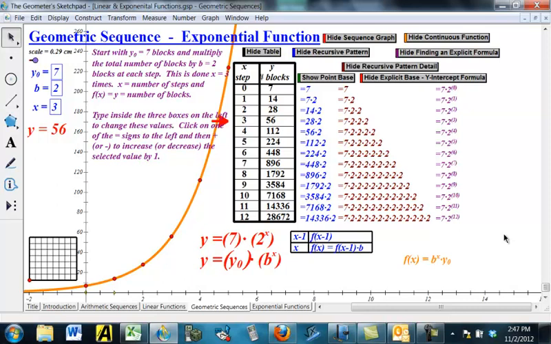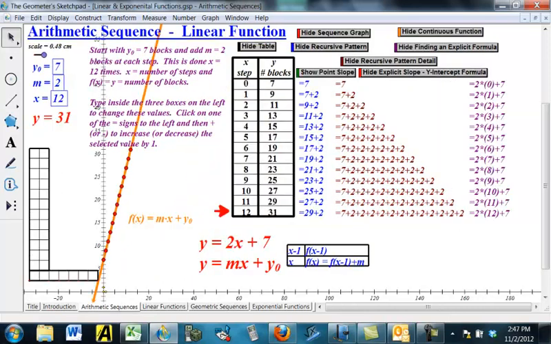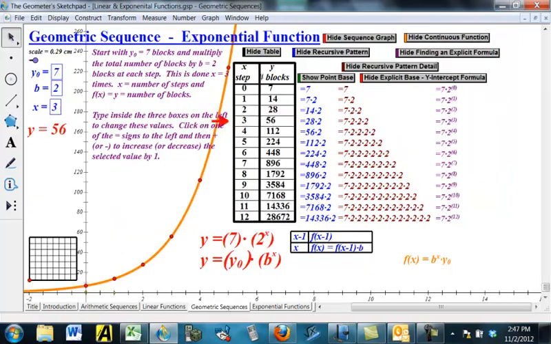But now when we do it this way, we don't name it after the shape of the graph. Back over here, we named the type of function after the shape of the graph. The graph's a line, so it's called a linear function. Over here, we name it after the formula. The formula in this case is y equals 7 times 2 to the x. Where's the variable?